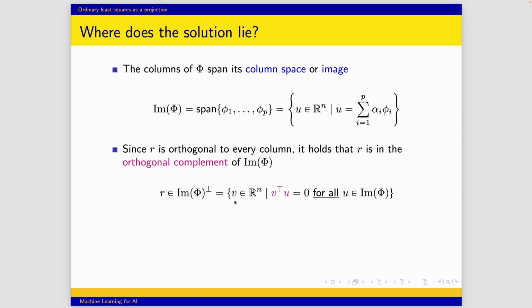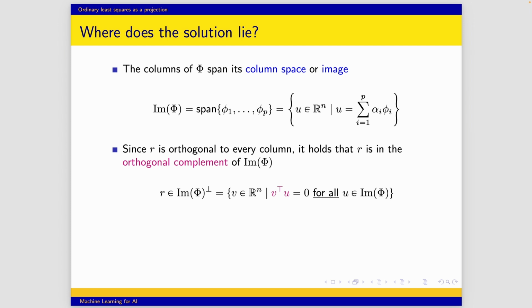It's all vectors V in Rn such that the dot product of V with a vector U in the image space is 0 for all vectors in the image space. So the orthogonal complement of the image space is the set of all vectors V that are orthogonal to every vector in the image space.